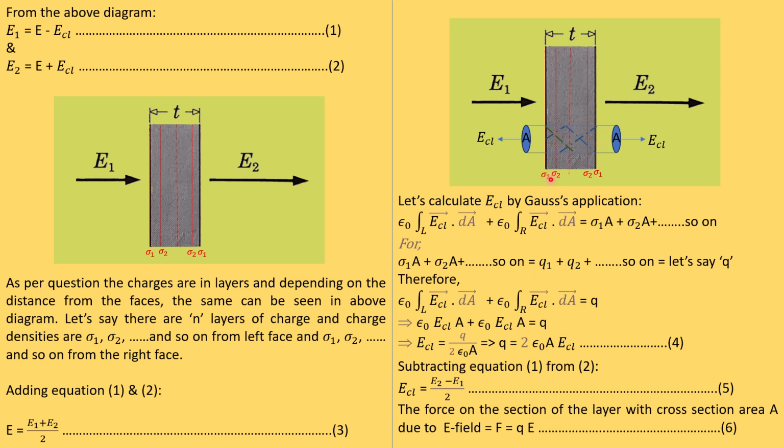So here we got sigma 1, sigma 2, sigma 3, same way sigma 1, sigma 2, sigma 3. So we can say the charge enclosed will be sigma 1A, sigma 2A, where A is the cross section area of this.